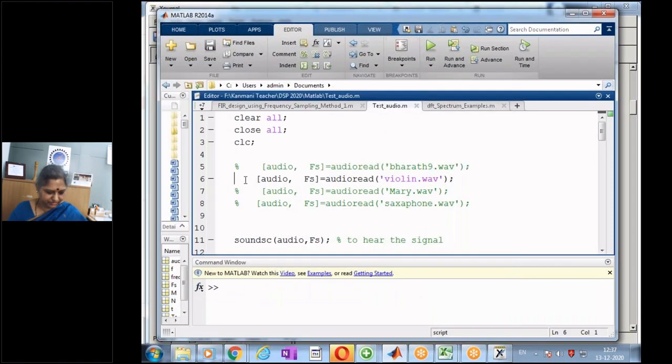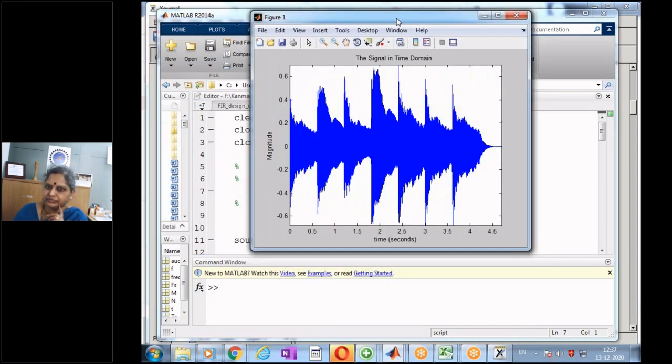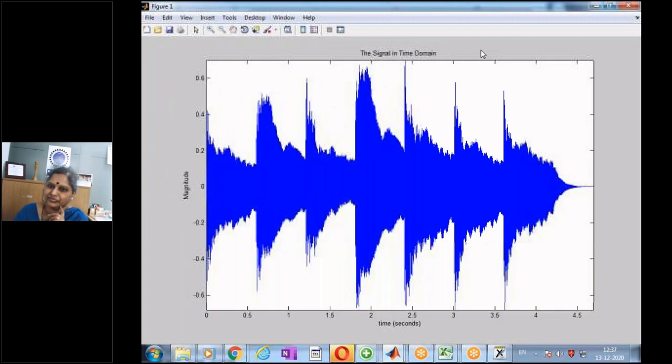Let's take one more example, an audio example. So this is another music. This is the time axis, and the amplitude goes up, down, up, down.